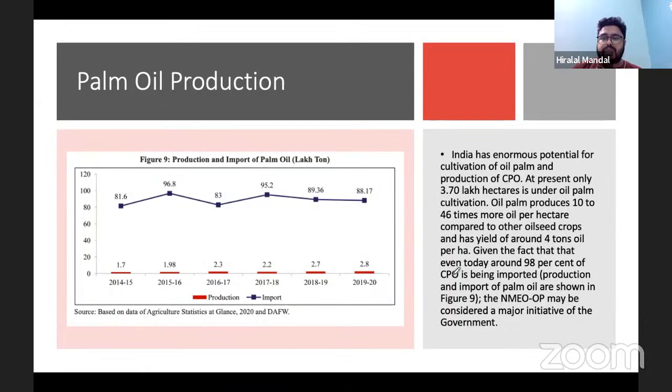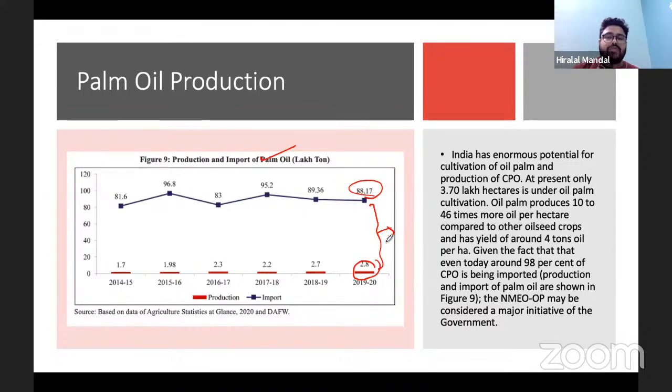So that's what you can see, and this is the figure that is suggesting the production. Production of oil palm is 2.8 lakh tons, but import is 88.17. Why has it increased?